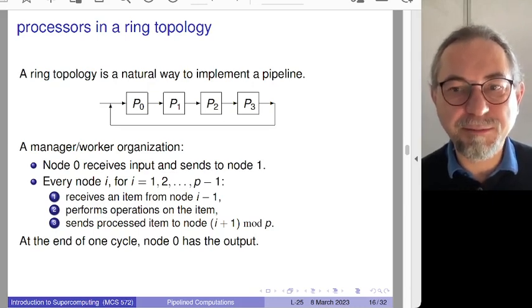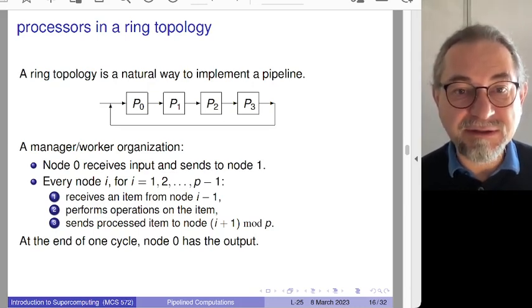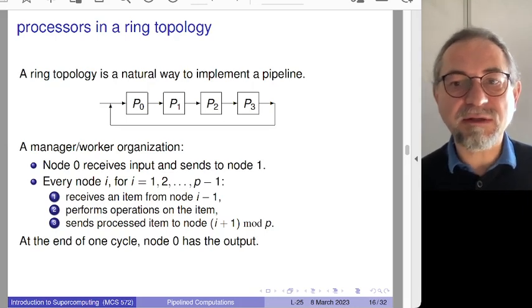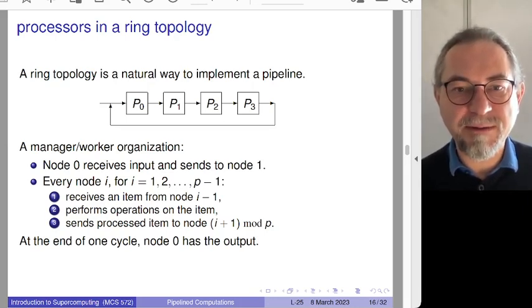Every process sends to the process that has one index larger, except for the last processor, which sends to processor 0.